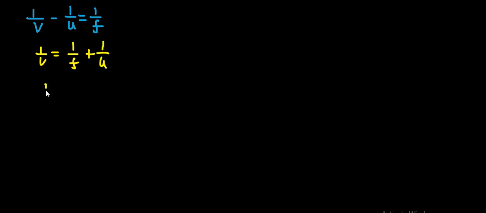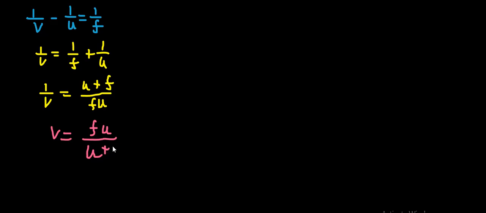So 1 by v is equal to (u plus f) by fu, and finally we get v is equal to f multiplied by u, divided by u plus f. Using this formula we can find the final answer.